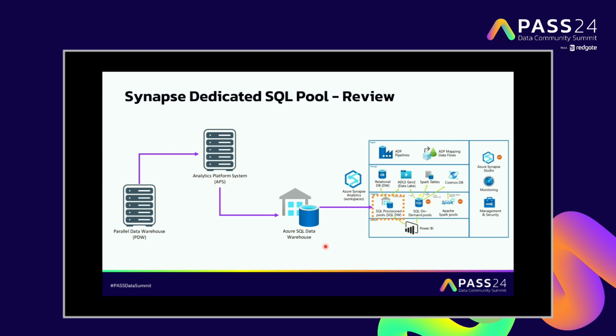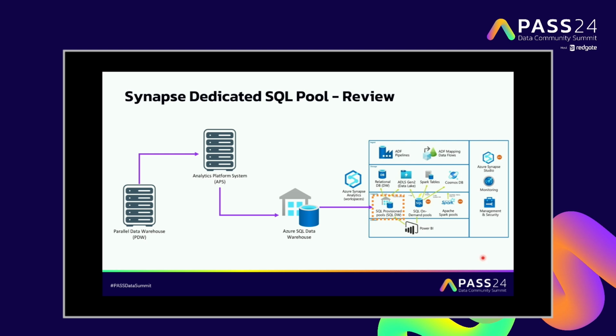So then it used to be called Azure SQL Data Warehouse, which in my opinion made a lot more sense than what it's called now. And eventually when Synapse came out a number of years ago, as you all know, Synapse is a collection of already existing things like Azure Data Factory, and in this case, the Azure SQL Data Warehouse, which got renamed to Dedicated SQL Pools.